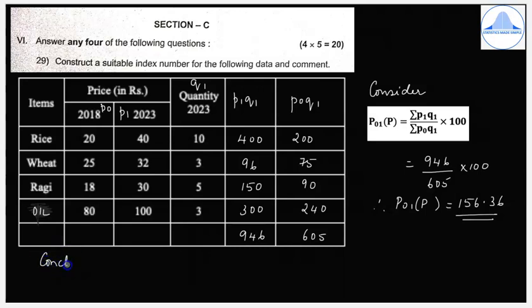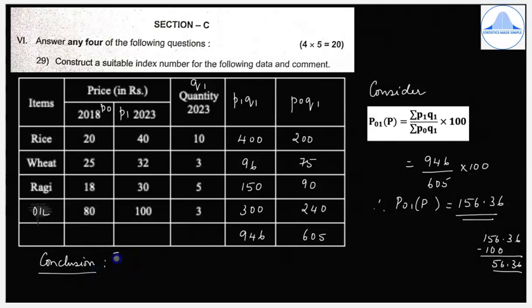Next, you have to write the conclusion. So what you have to do is 156.36 you should subtract from the base year index, that is 100. So you will get 56.36.